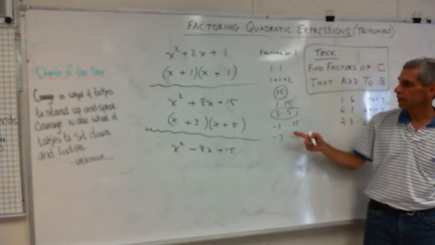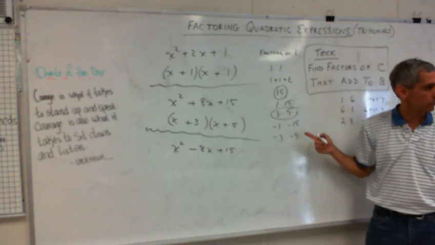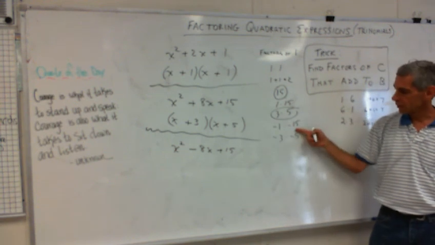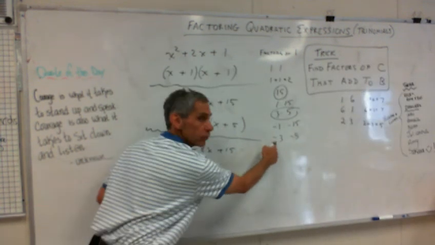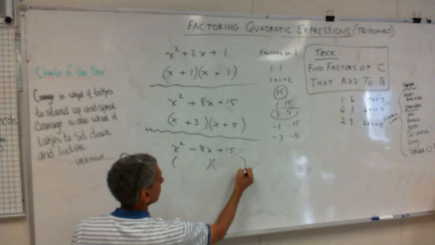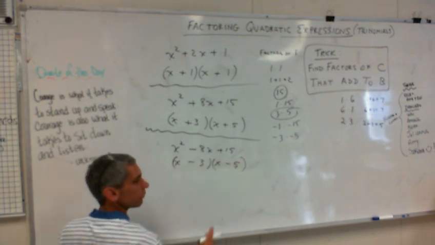Wouldn't that also give me a positive 15? But what would this give me if I added them together? A negative 8. There we go. So now my factors are negative 3 and negative 5, right? So I'm going to do my parentheses, my x's, and then I have negative 3, negative 5.